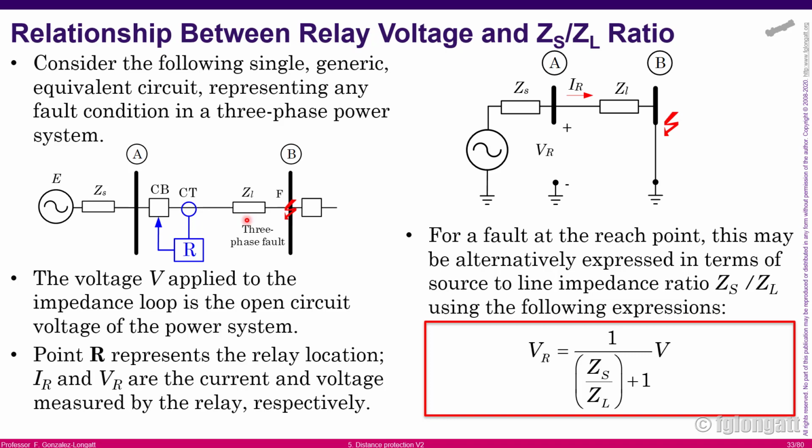It's not depicted, but the voltage transformer gives a voltage at the location of the relay. Let's assume that the voltage coming from the source is the voltage shown here in this single line diagram.